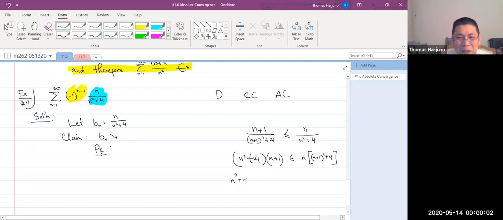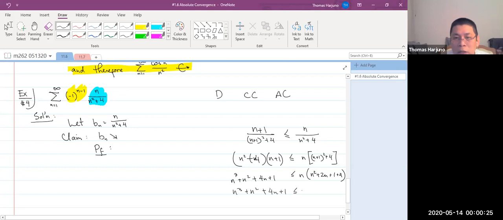Plus n squared plus 4n plus 1 is less than or equal to n times n squared plus 2n plus 1 plus 4. So this is n cubed plus n squared plus 4n plus 1.